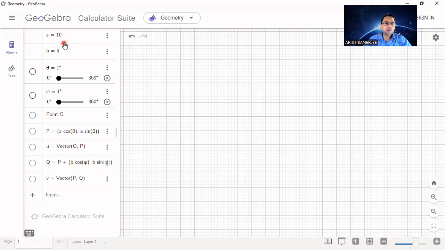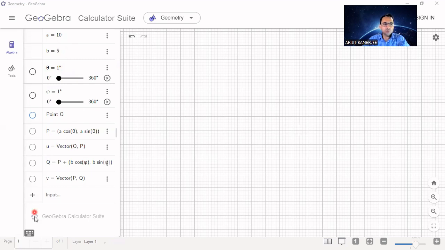As you already know how to set these parameters in GeoGebra, I have already written it for making it convenient and faster. So as you can see, I have defined A is equal to 10 units, B is equal to 5 units. Now I have defined theta is equal to 1 degree.